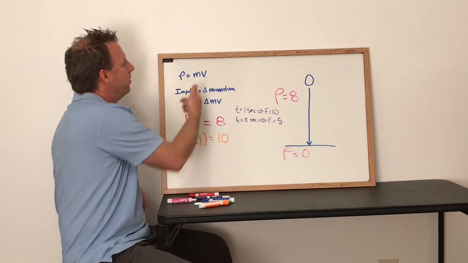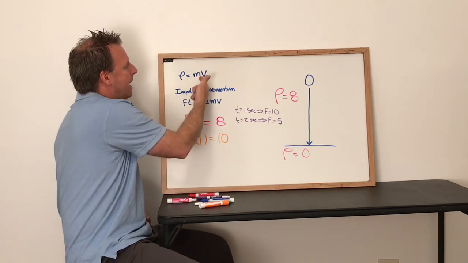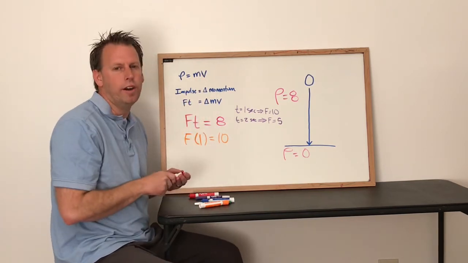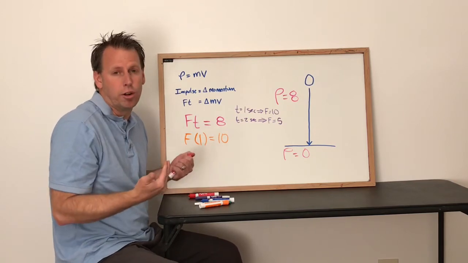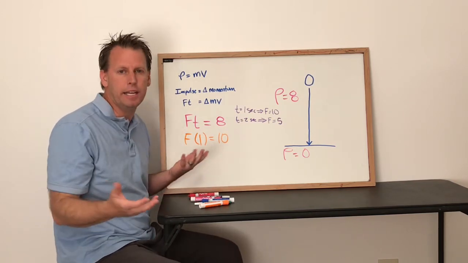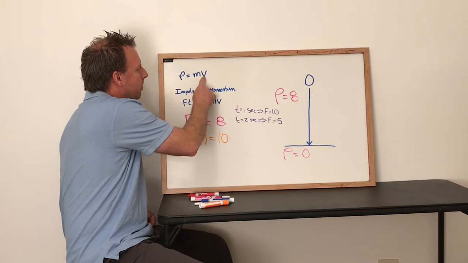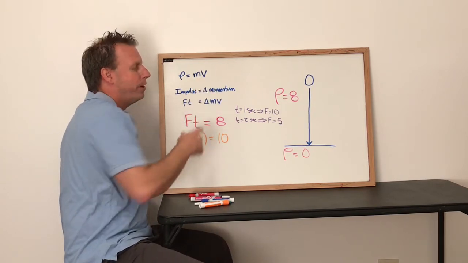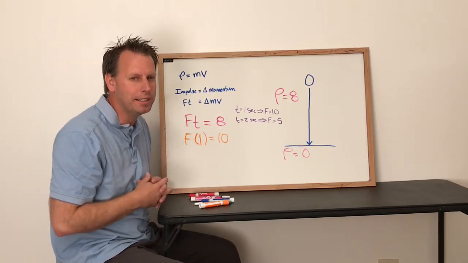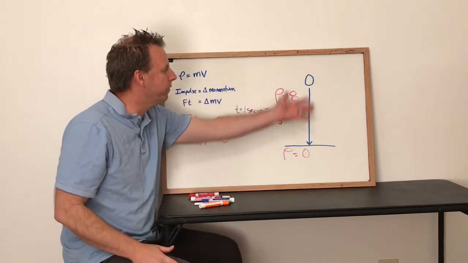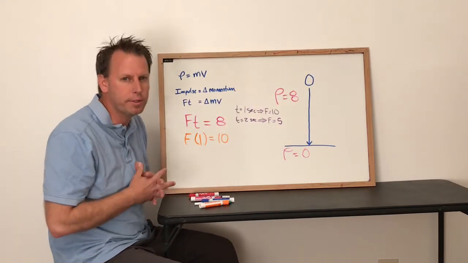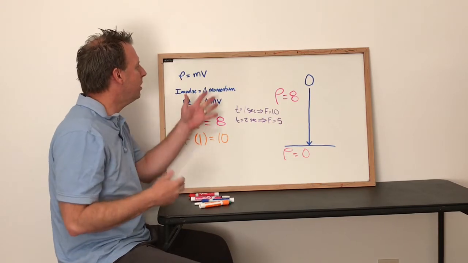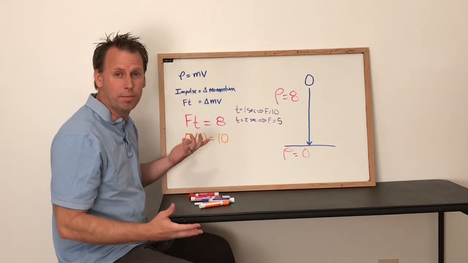Well, remember, momentum is based on the mass times the velocity. And your egg has a certain amount of mass, and that it is what it is, right? So that's the mass. But the thing that you can change, hopefully a little bit, is the velocity. If you can change the velocity that the egg drops, then you can decrease its momentum, right?